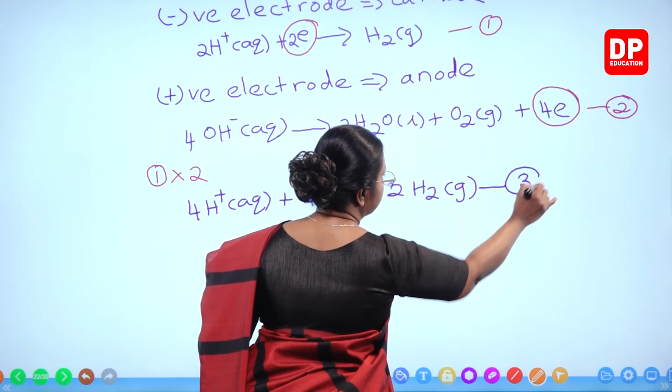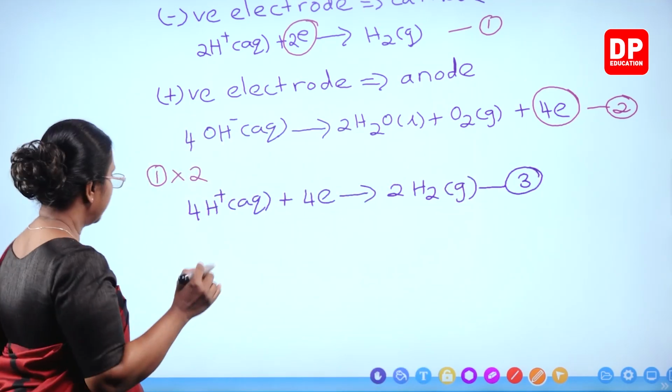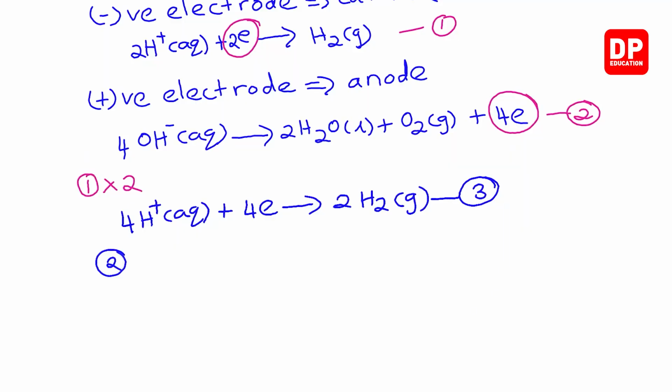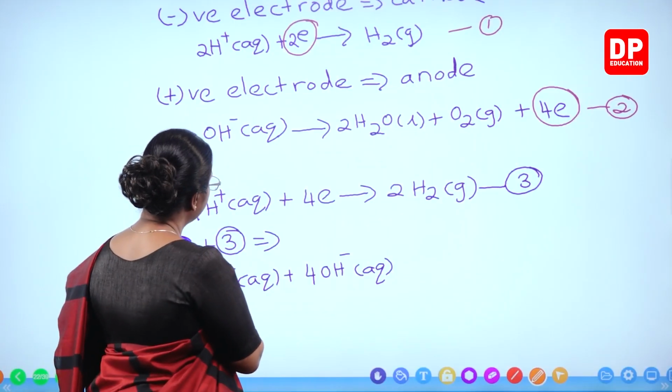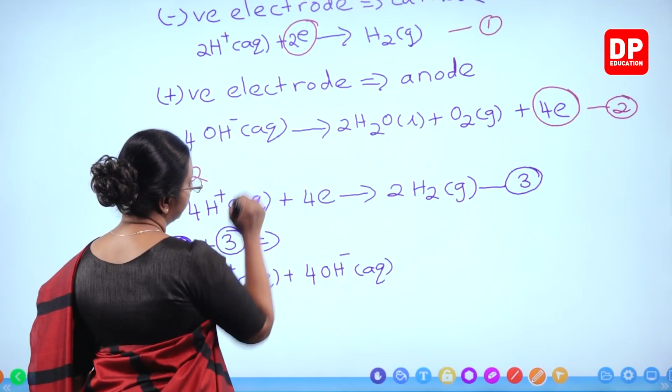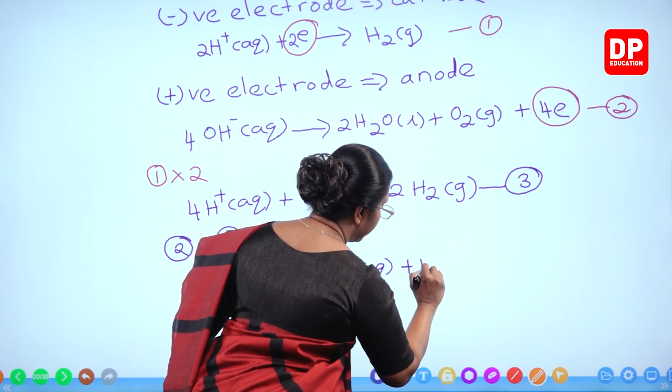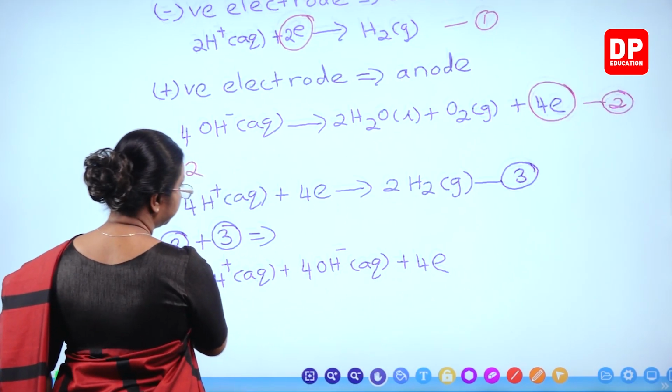If we take this as the third equation, then if I add 2 and 3, you will get 4H plus aqueous, 4OH minus aqueous, and we need to have 4 electrons.